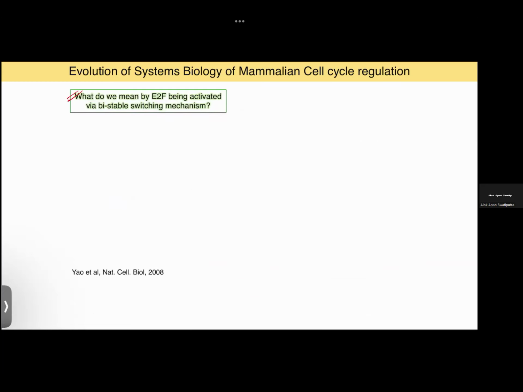So what does this bistable switching mean? What I had mentioned earlier, see, this RB remains bound to E2F. However, this inhibition is essentially the phosphorylation. So phosphorylation of RB deactivates it. You see, the cyclin E will phosphorylate RB, deactivating it. The cyclin D CDK partner will phosphorylate RB.